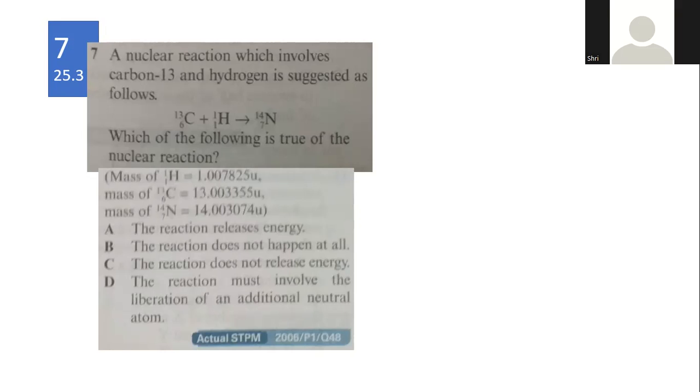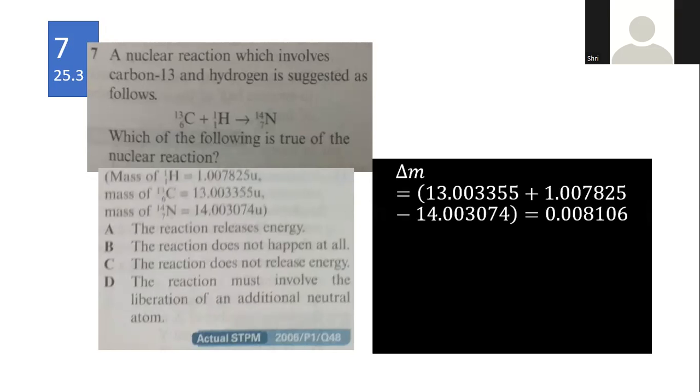You have to do calculation, no choice for this one. Whether it releases energy or... Say again. A. Calculate the mass defect. No need to calculate everything. As long as the mass defect is positive, then energy is released. A, okay.